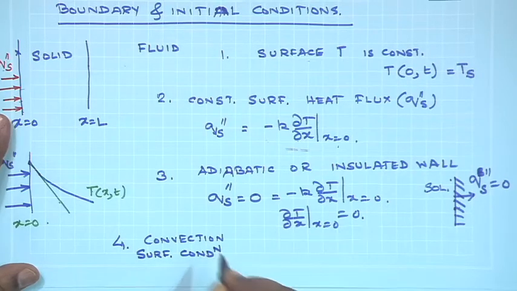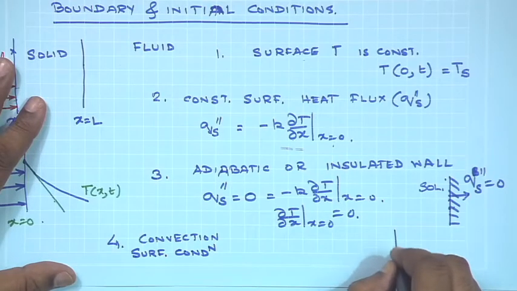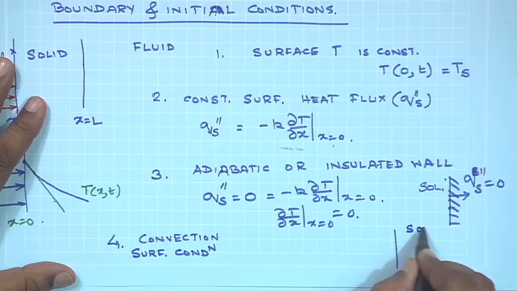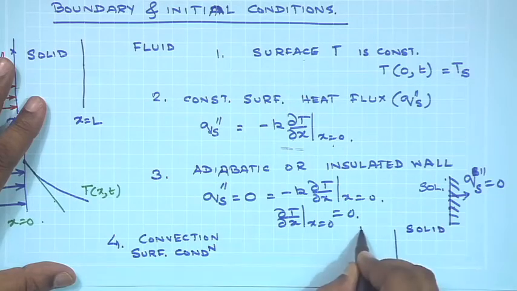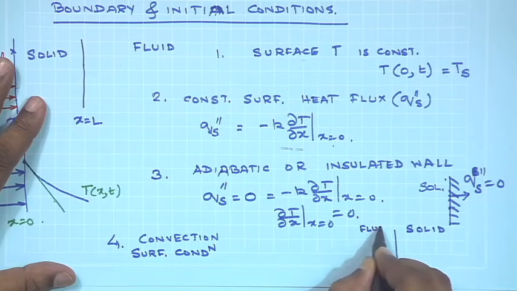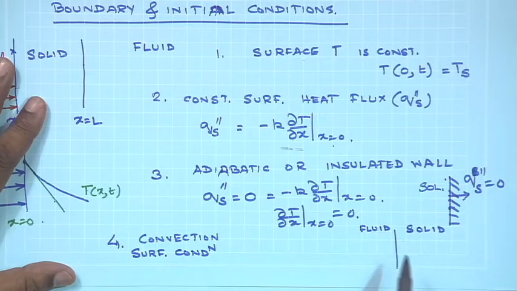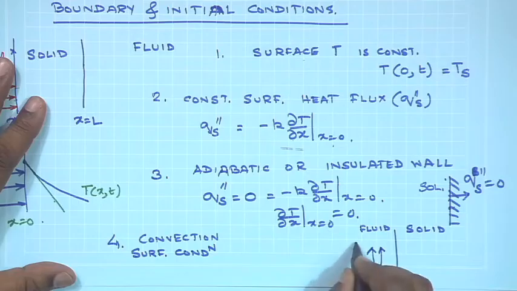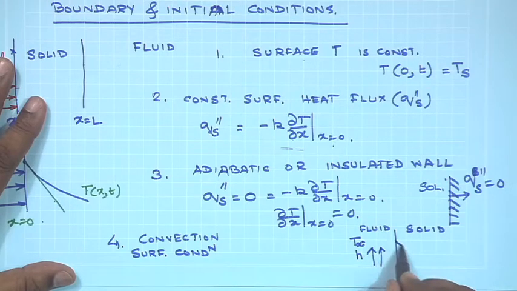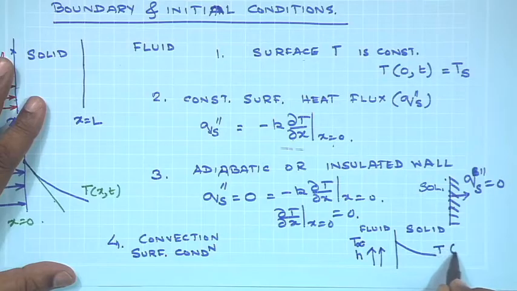Convection surface condition would tell you that if you have a solid on this side and let us say a fluid on this side, and the fluid is moving with some velocity, and let us say its temperature is T infinity and the convective heat transfer coefficient is h, and over here the temperature varies as a function of x and time.